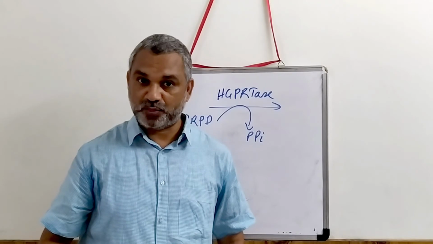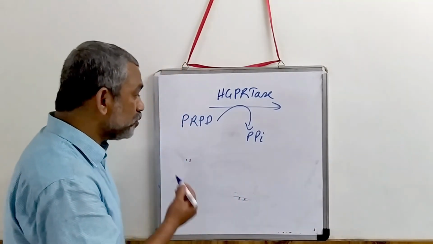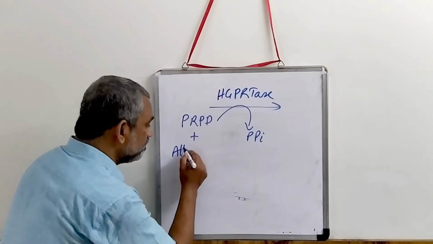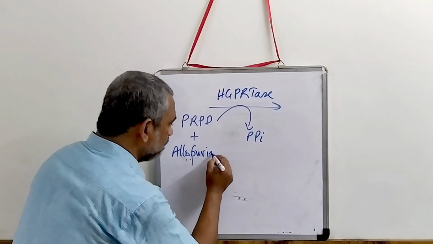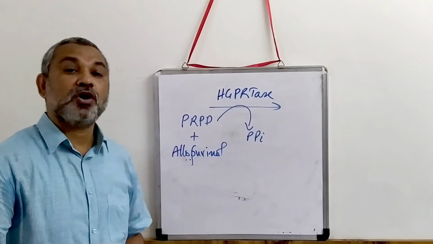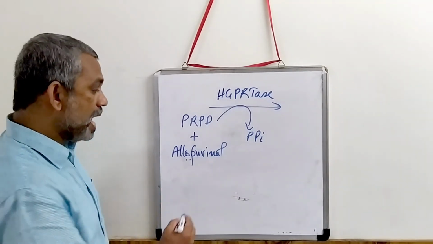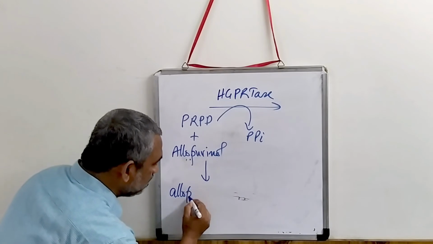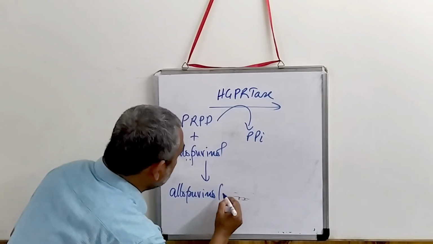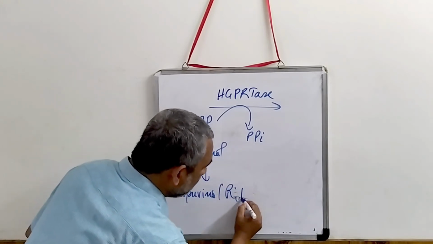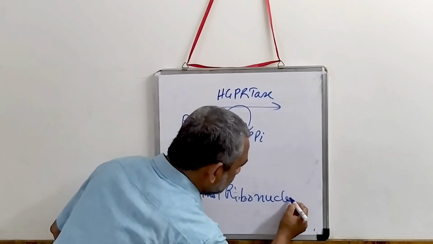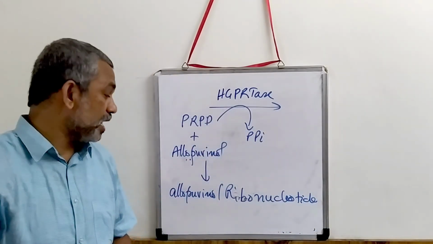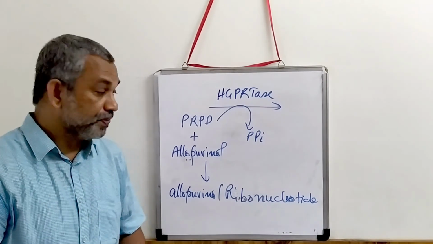What allopurinol will do is, allopurinol can bind with this, and it forms allopurinol ribonucleotide.